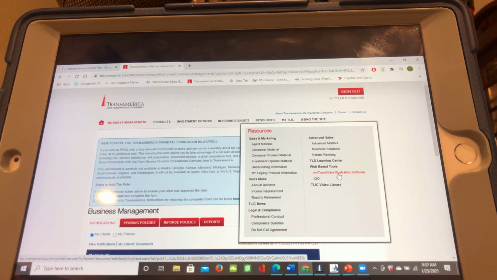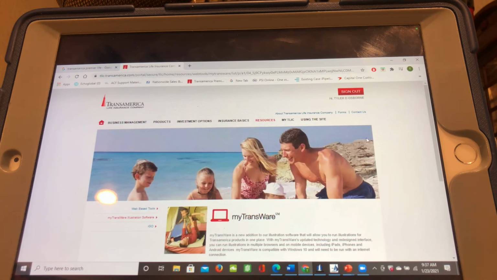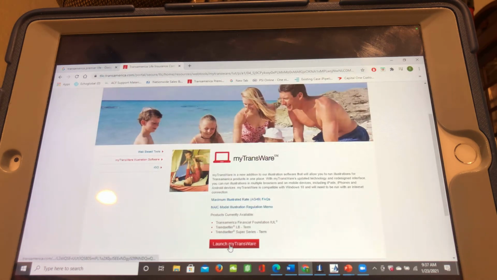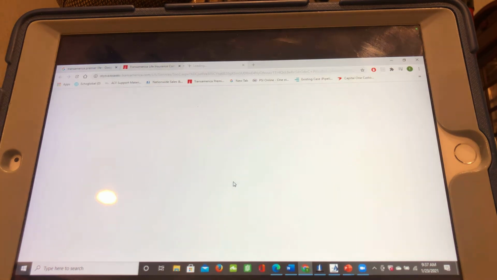So resources, web-based tools, My Transware illustration software. Then we're going to click it. Then from there, hit launch My Transware. Do that. Click here to continue.